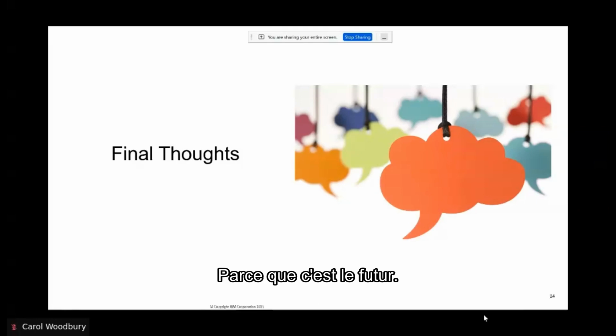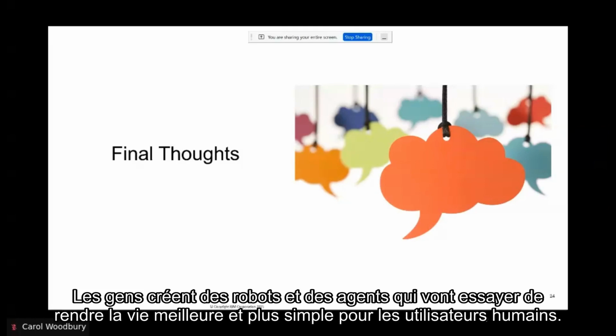People are creating bots and agents that are going to try to make life better and simpler for humans.